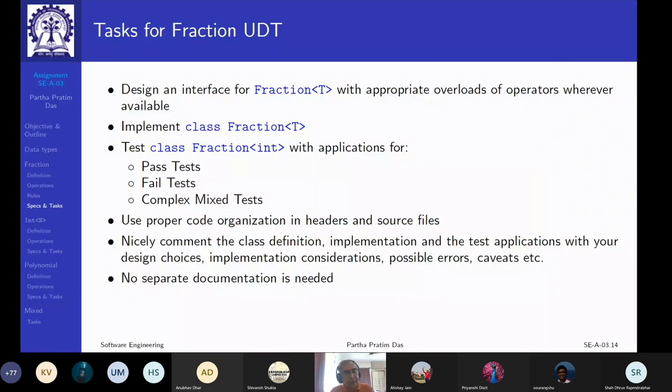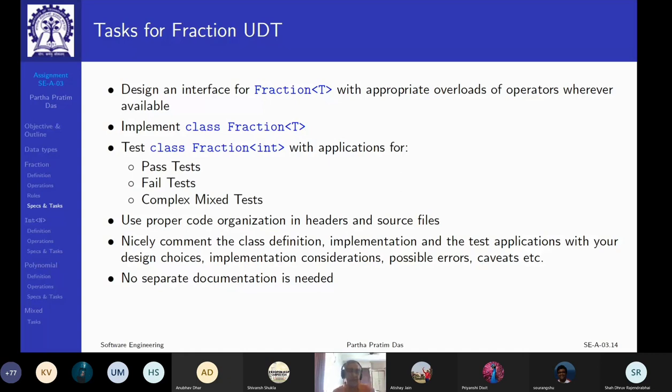Second would be to implement the UDT, that is, write the function body for every member function that you have defined, or decide whether the member function should be static or non-static. If it is non-static, should it be a constant member function?